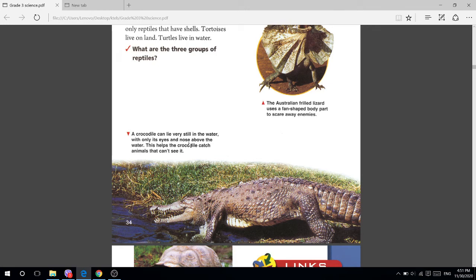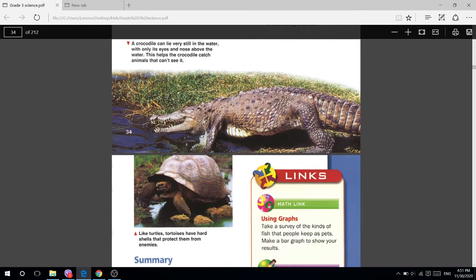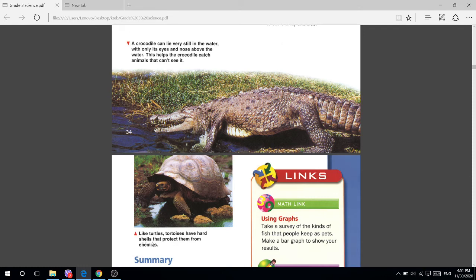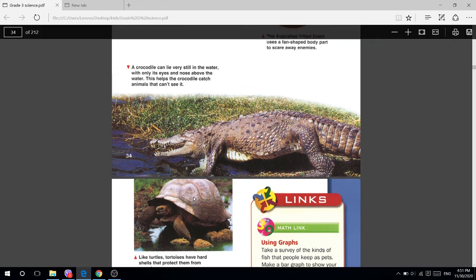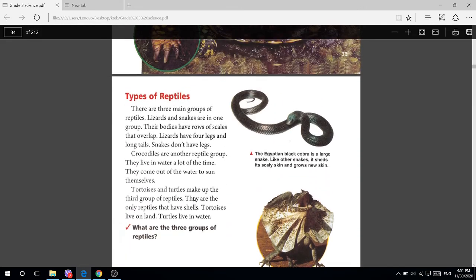As I told you, this helps the crocodiles catch animals that can't see them. And like turtles, tortoises have hard shells that protect them from enemies.